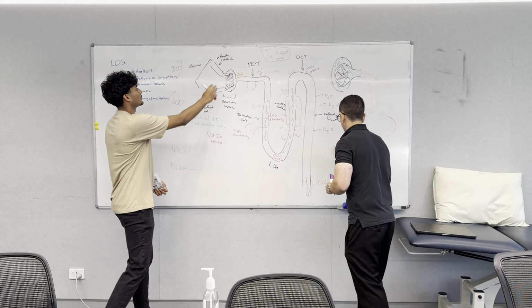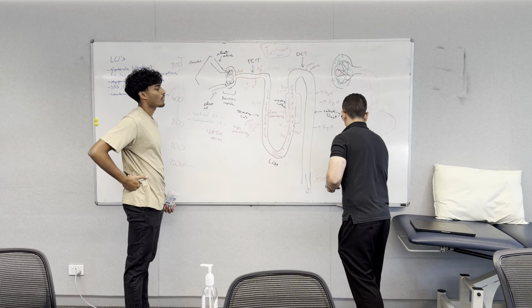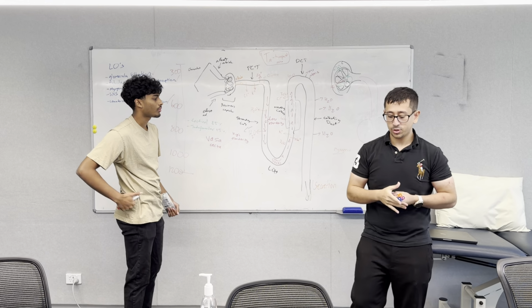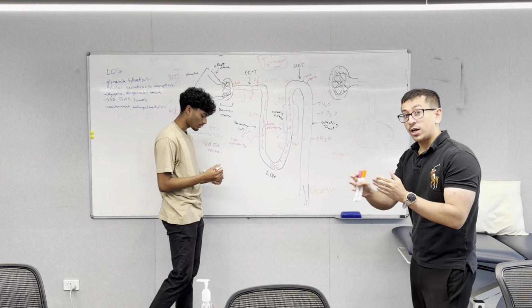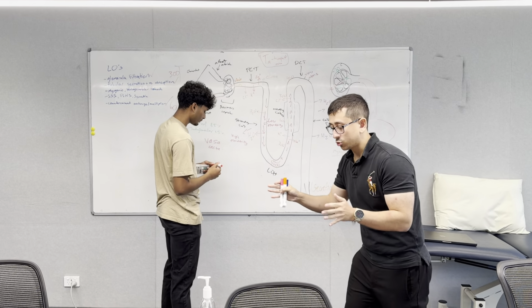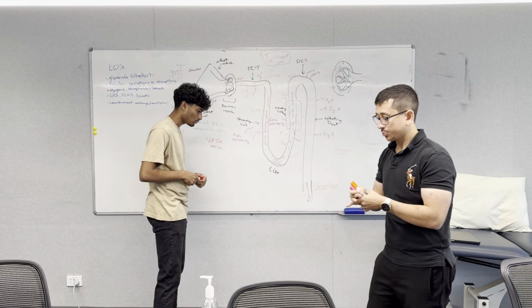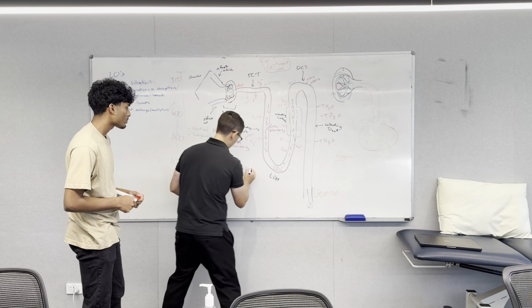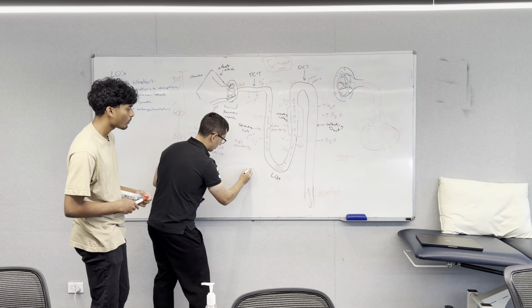So we have something called the myogenic response. What is myo? Muscle. So when you stretch, let's say, your arterioles, we're stretching the walls. When we stretch the walls, there's actually something really cool, I learned this a couple of weeks ago.